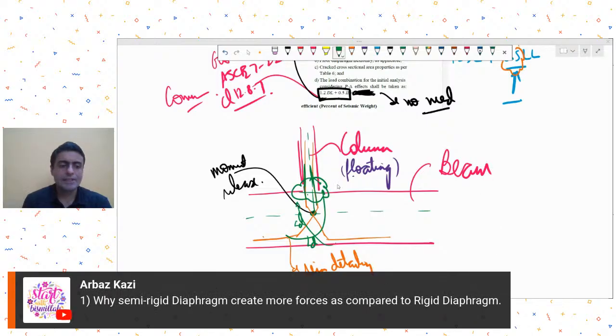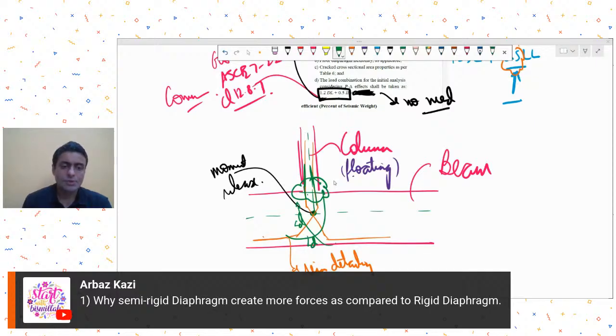Yes, so Mr. Arbaz Kazi is asking why semi-rigid diaphragms create more forces as compared to rigid diaphragm. Because in rigid diaphragms, we are locking one of the degrees of freedom, that is out of plane degree of freedom. And in some cases where your slabs may have tendency for out of plane behavior, or where there might be substantial out of plane behavior due to which some additional forces might be generated, that thing is not displayed when you have rigid diaphragm assignment.